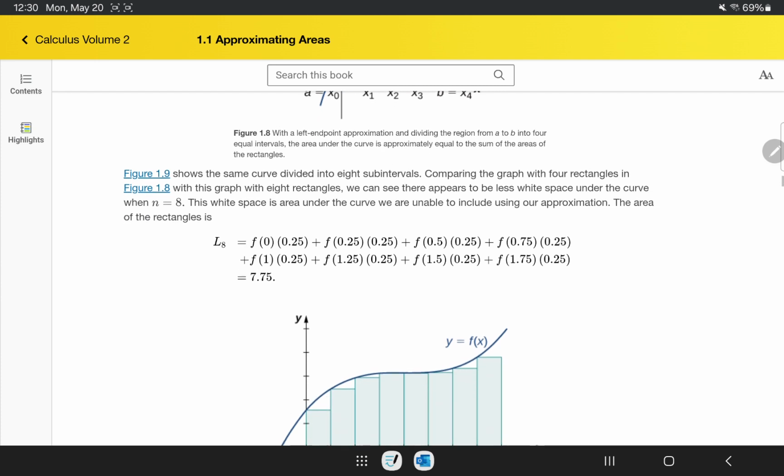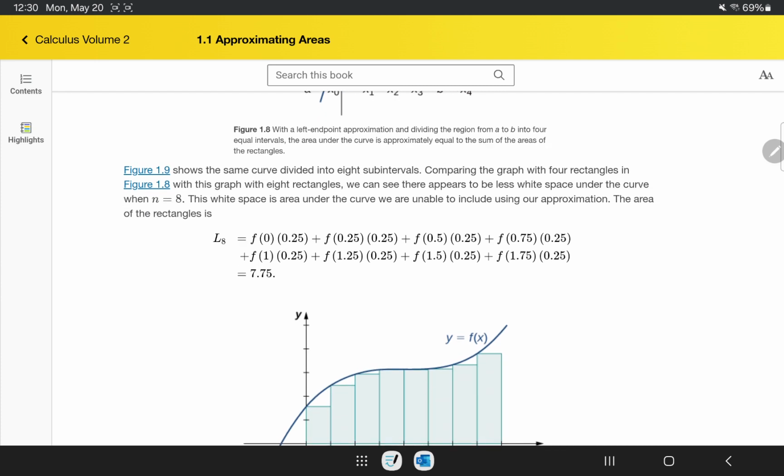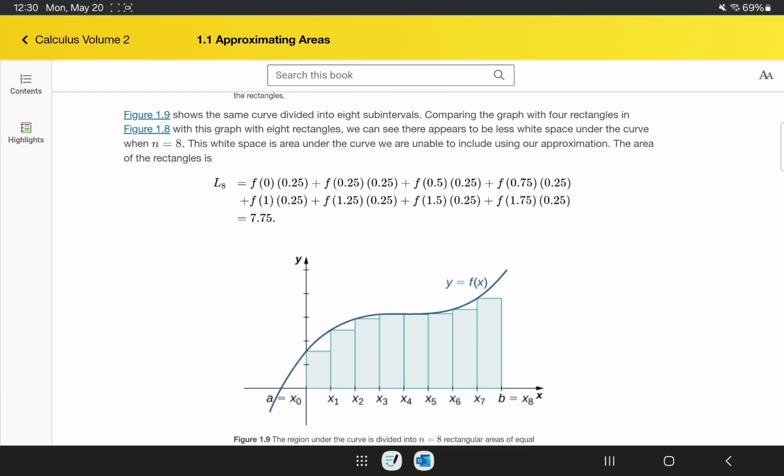Now what happens if I divide the interval into 8 rectangles? If you do that, your delta x, which is my width, is going to be 1/4, which is 0.25.